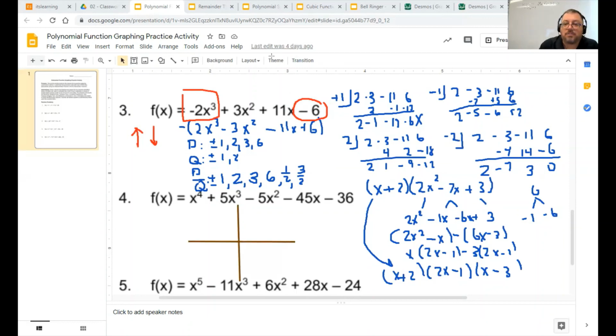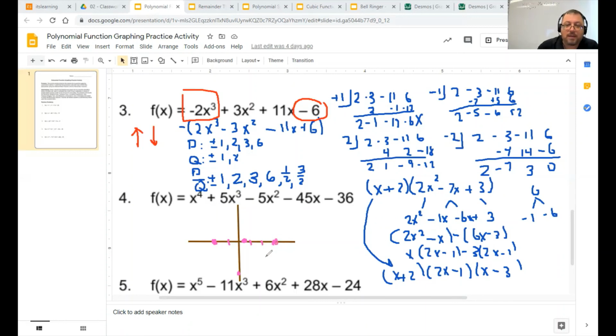And then let's draw some points on here. We have a negative 6, that's down here. I have a negative 2, 1, 2, that's right here. I have a positive 1/2, so that's 1, and 1/2 is in the middle. And I have a positive 3, 1, 2, 3.